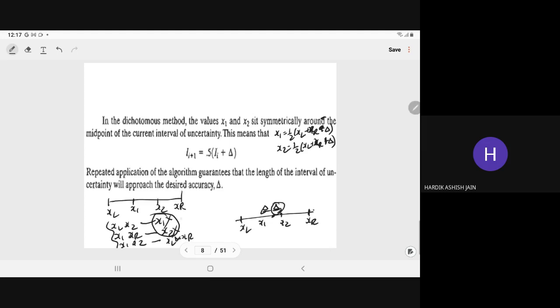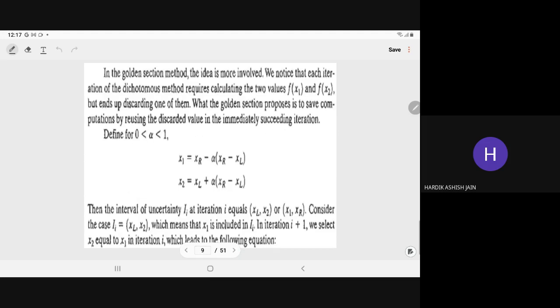Otherwise, for each step you have to compute f(x1) and f(x2) each time, and if the problem is very complex, that is unnecessary. To make the computation easier and take less time, we have a little more advanced method known as the golden section method.